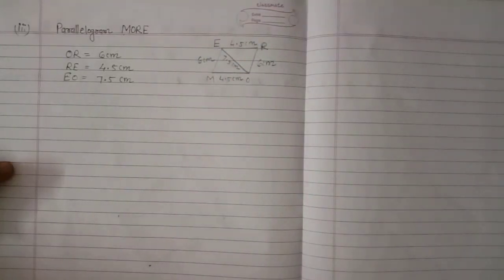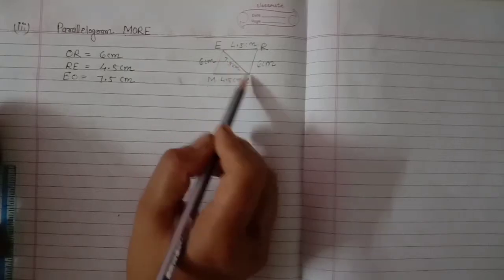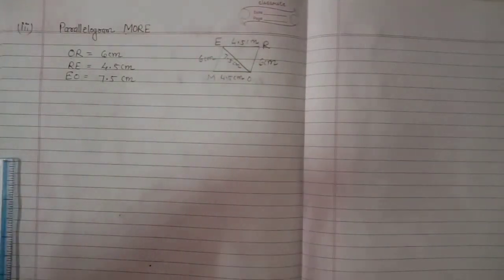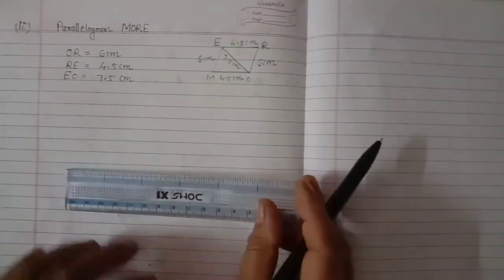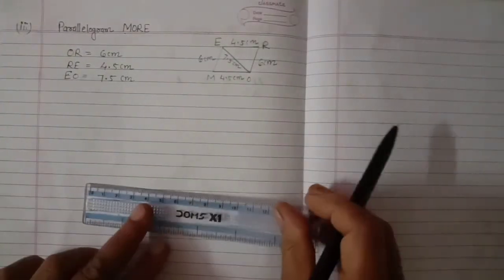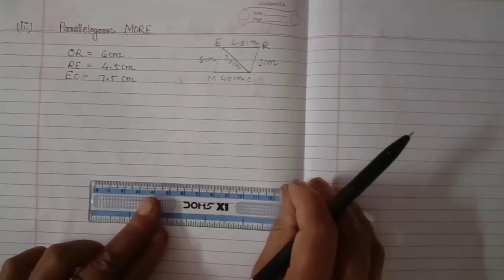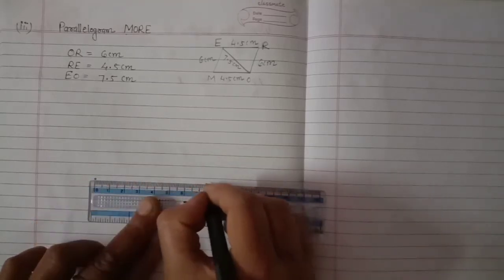Similarly, we will make the parallelogram MORE. For that, first we will make a line segment. First we will make the diagonal, and the length of the diagonal given here is 7.5 centimeter.